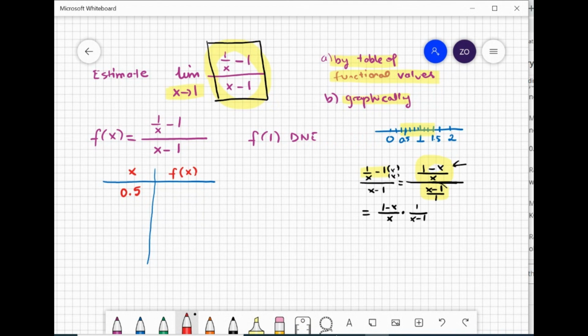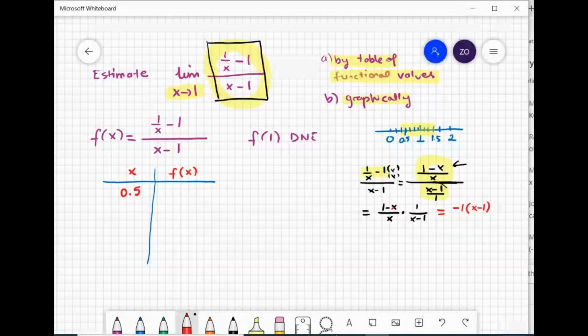How can we simplify this? Can you think of a way? So this is 1 minus x. Well, okay. So if we factor out a negative 1 in the numerator, this becomes x minus 1. Okay, so just check the numerator. If you factor out a negative 1, this will be negative 1 plus x.